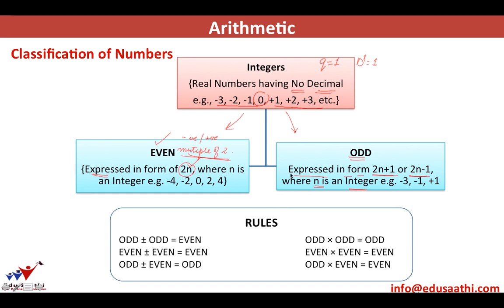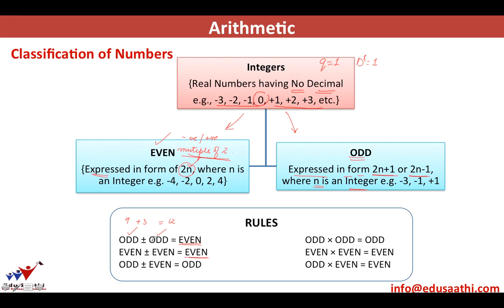There's certain rules that you have to adhere to when you are doing questions related to integers. The first one being odd plus odd or odd minus odd would always be an even number that I will have. So for example, 9 plus 3 is 12. 9 minus 3 is 6. Even plus even or even minus even is always even.